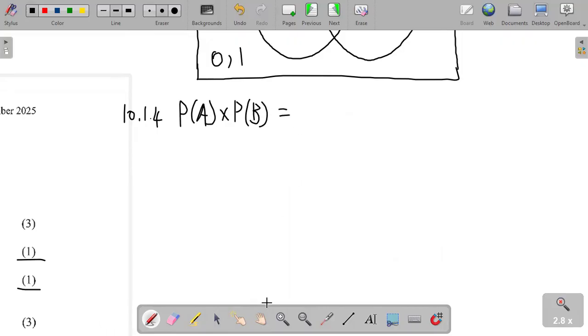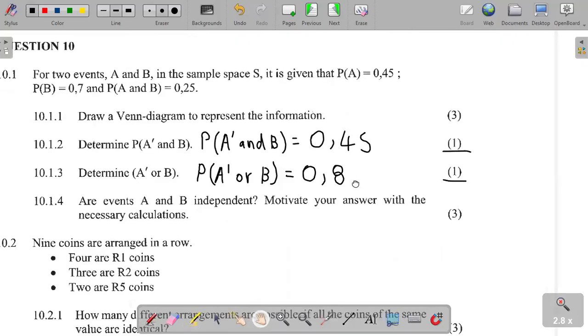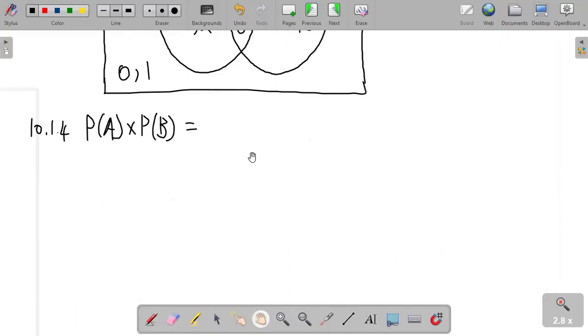So the probability of A is how much? 0.45 and 0.7. 0.45 multiplied by 0.7. You use a calculator.